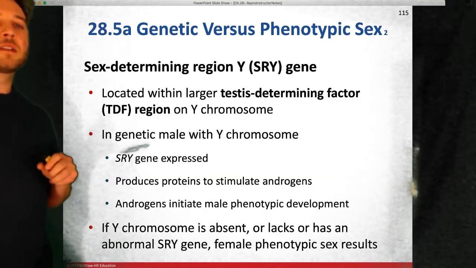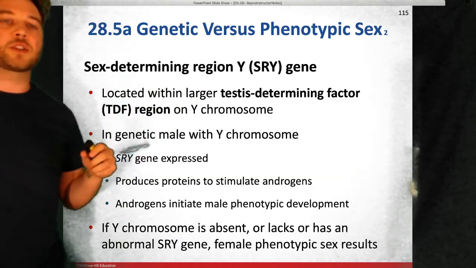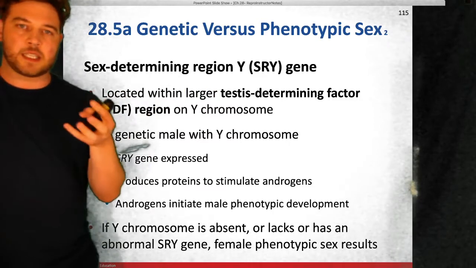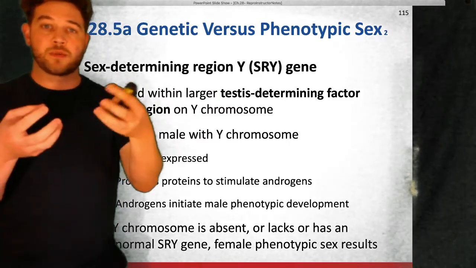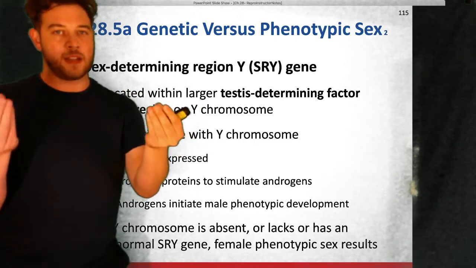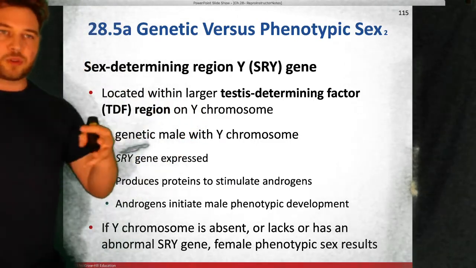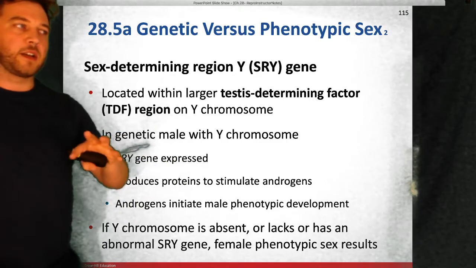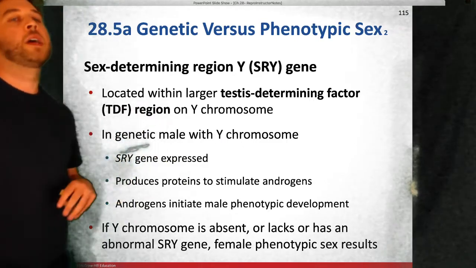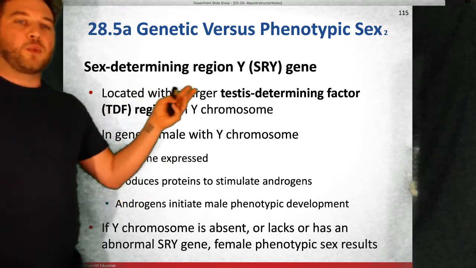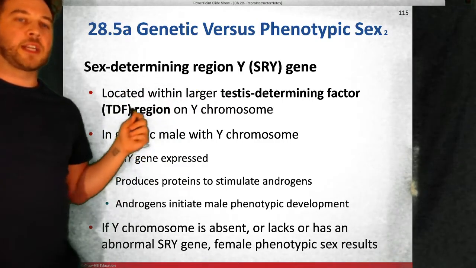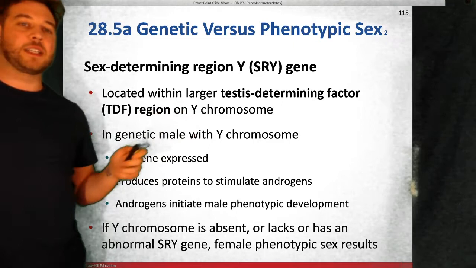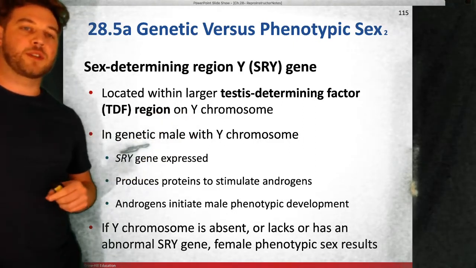Okay. So your sex determining region. What actually causes this differentiation? Because there is a difference between male development and female development, both structurally, anatomically, and physiologically. On the Y chromosome, there is something called a sex determining gene, located within the testes determining factor region on the Y chromosome.